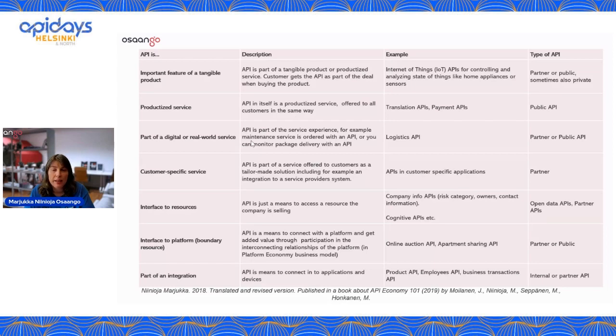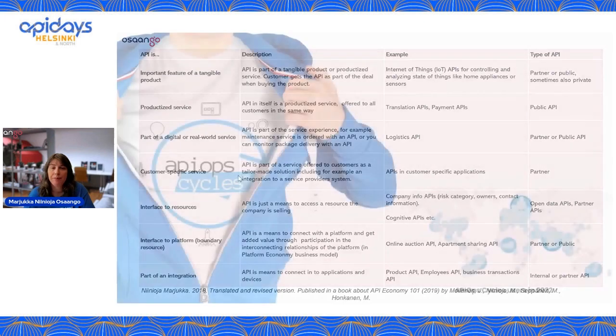And APIs can be, as API products, tied together with those real world products and services, or those more tangible products and services. And here's a list of a few things that they could be, at least the ones that we identified at that time.